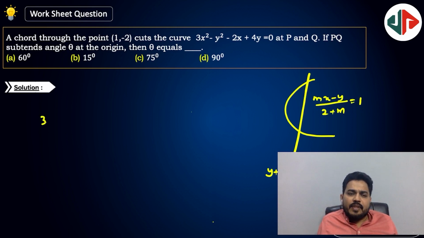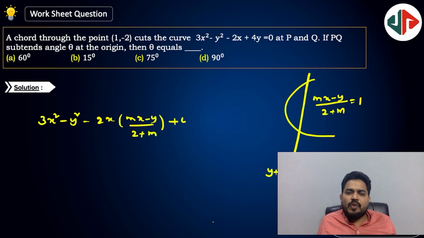Homogenize 3x square minus y square minus 2x into 1, I will write (mx minus y) by (2 plus m), plus 4y into (mx minus y) by (2 plus m) is equal to 0.